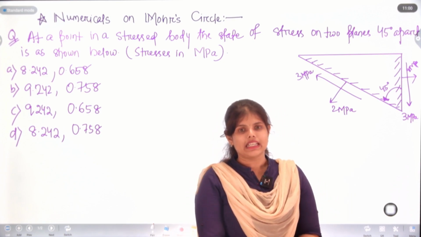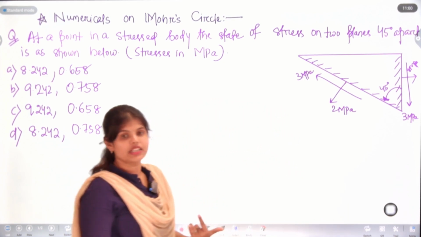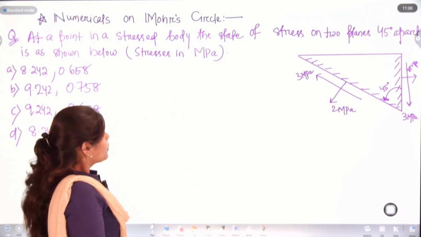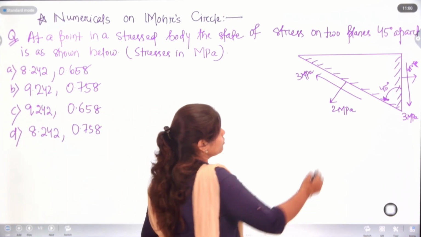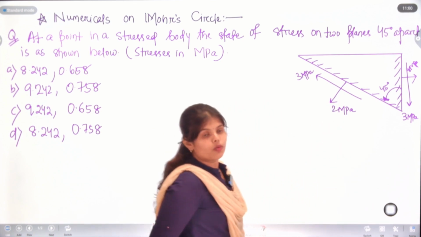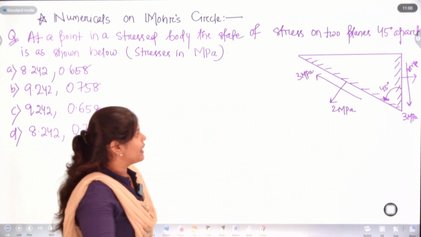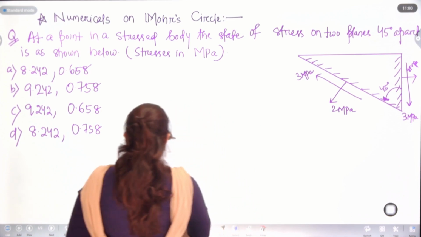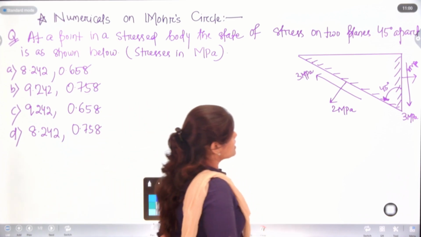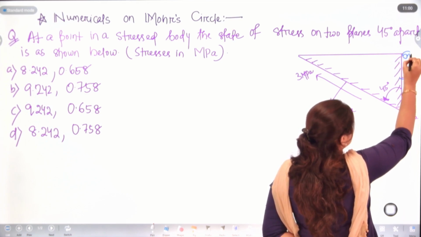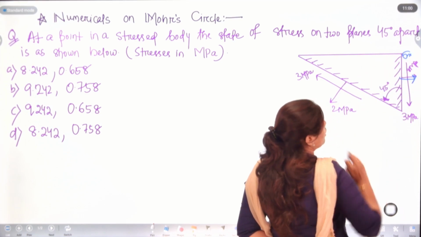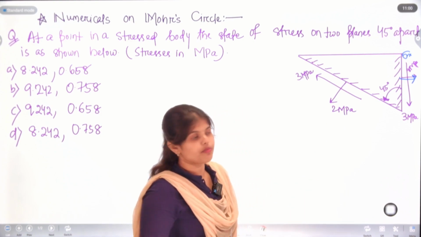So, in this class, we will solve some different kinds of numerical. To start this numerical, here we have one chord section of a plane. We know that the stress acting here is sigma x, and sigma y is not given here, you can see.